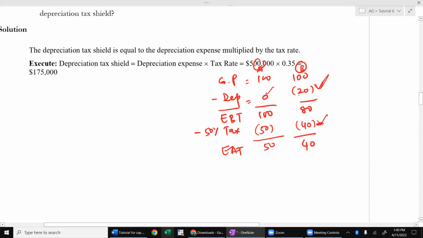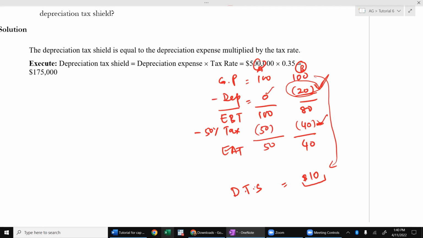It means the presence of depreciation is helping you to save in situation B a tax expense of $10, right? This is called the tax benefit of the depreciation. We call it depreciation tax shield. The presence of depreciation helps you to save some taxes, so that is why it is called depreciation tax shield.